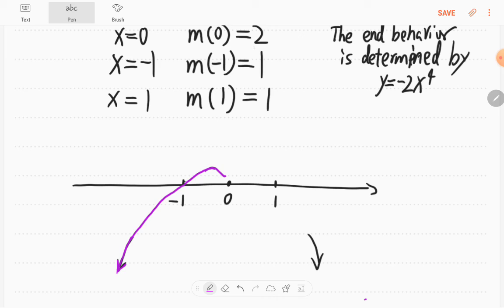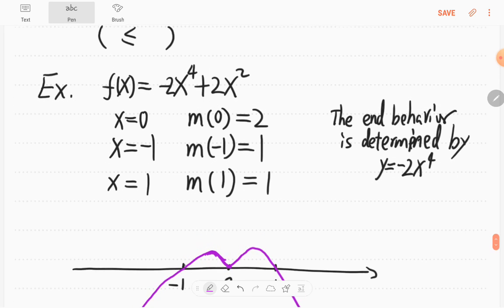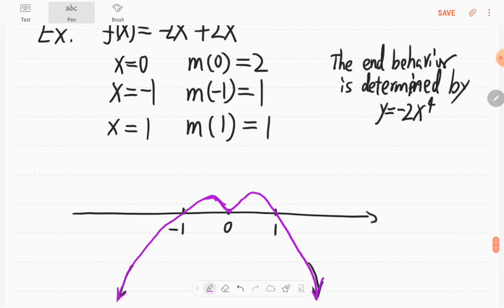And here the multiplicity is 2, so we touch. It should be smooth, there's no sharp corner, a very smooth curve. Then somewhere we must go down because we must go through this point. The multiplicity is 1, so we cross going up. So this is the sketch of the graph.